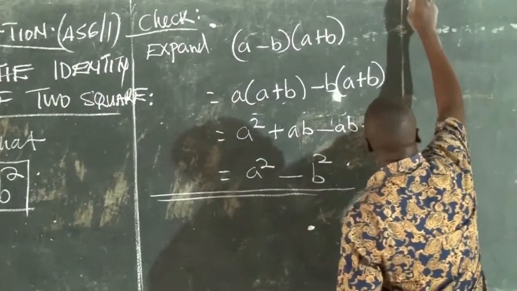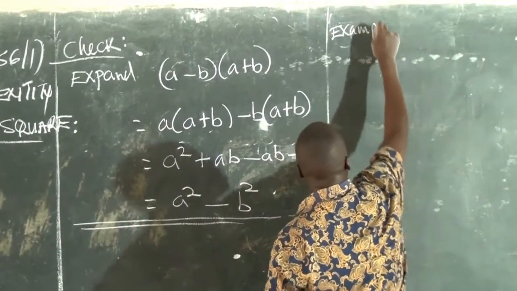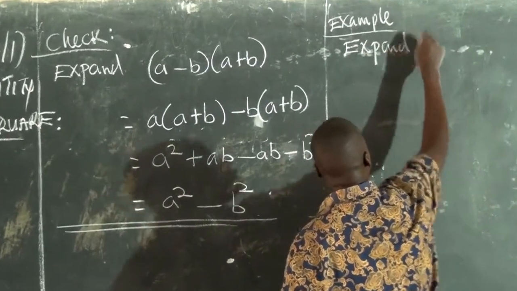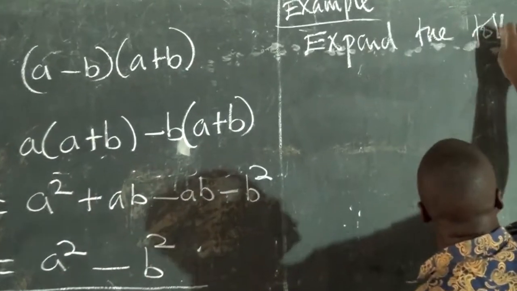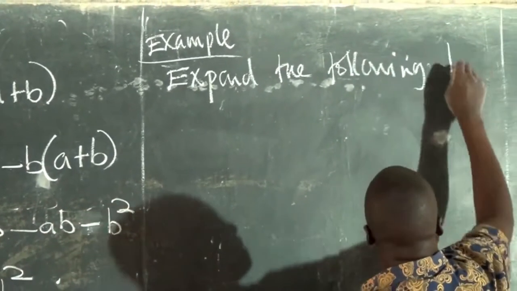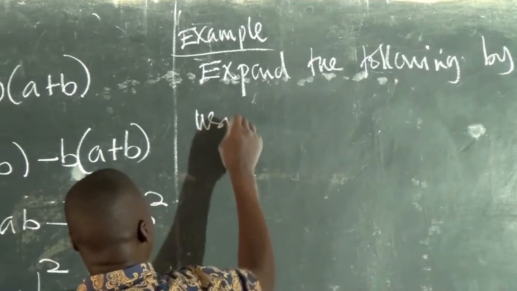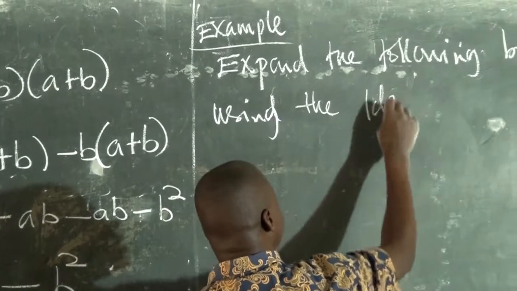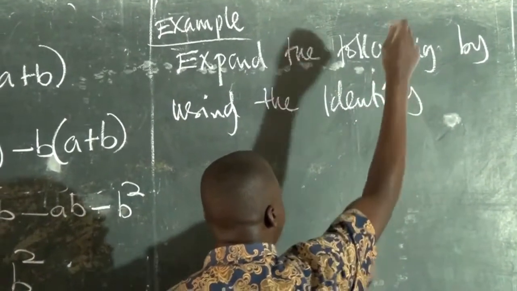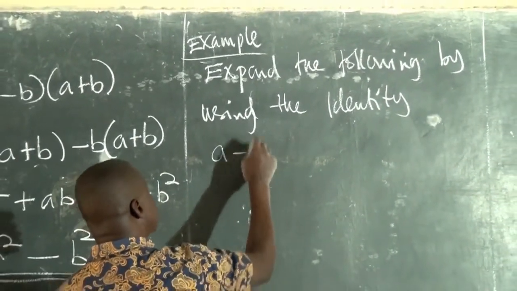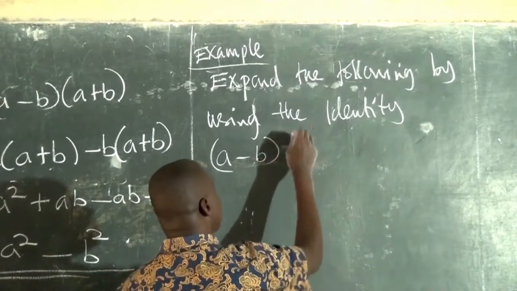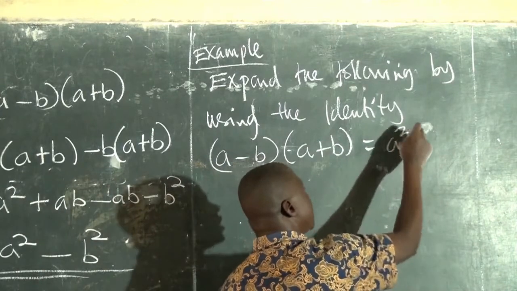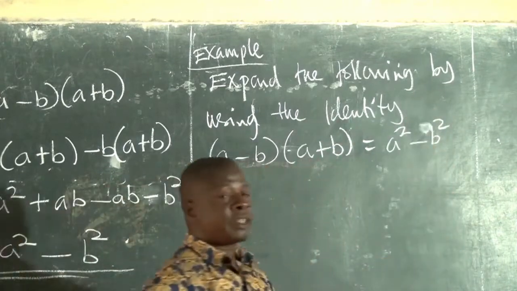Let's have an example here. Expand the following by using the identity a minus b, then a plus b, equal to a squared minus b squared.